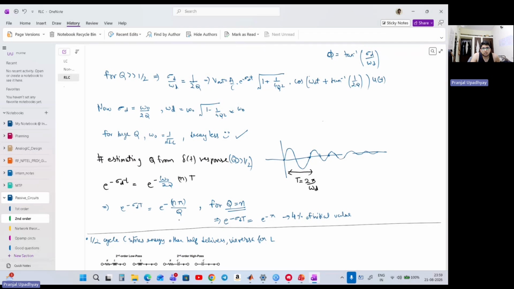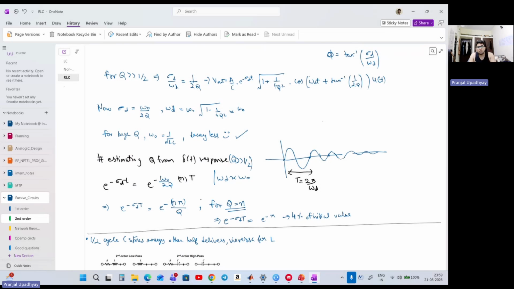So we can easily converge to this. How I did that is that I said this T is equal to 2 pi by omega d, right? Because this term is oscillating with omega d. But when Q is large enough, this omega d is basically equal to omega naught, right? That's how we express this T as 2 pi by omega naught, and thus cancellations happen.